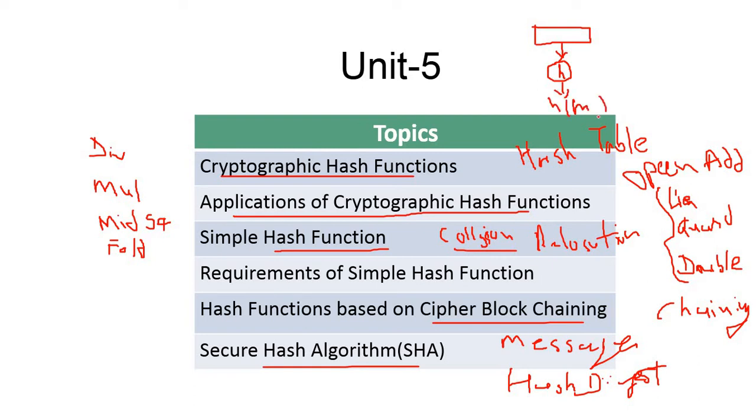This h of m is our hash digest, and it will reduce the size of the original message m, and it will provide a fixed bit message. I mean, suppose consider there is an L bit, so it will provide a fixed size of bit length for the message. Get it?